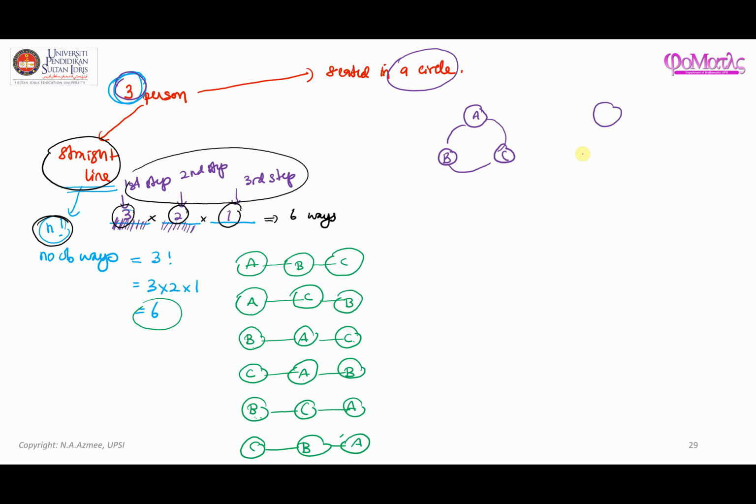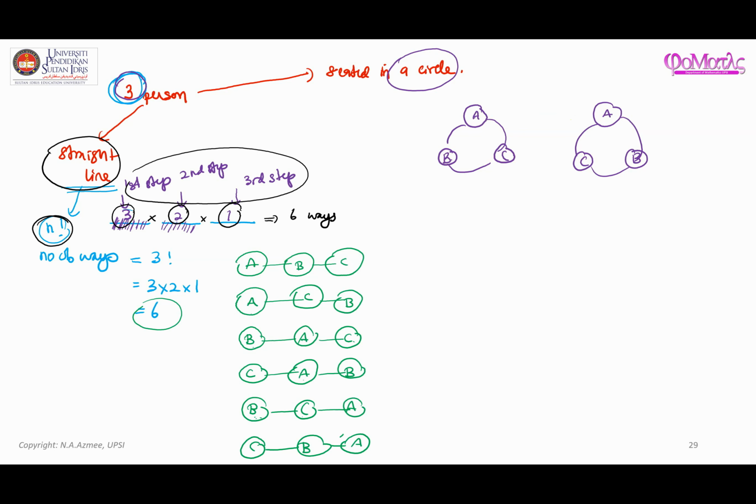Next, what we can do is we can maintain the position of A, and we switch C and B. What else can we do? What happens if we change the position of A to here?